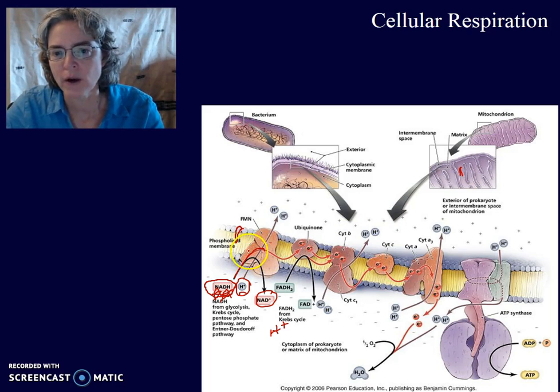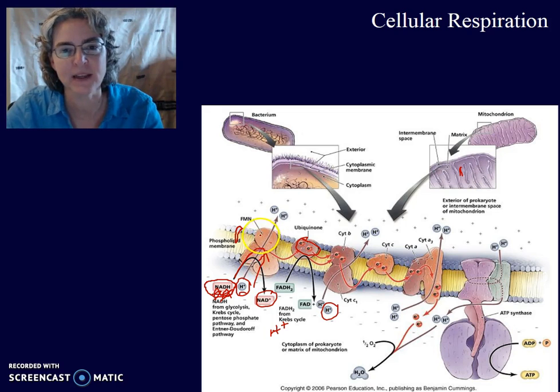Okay, so what are these, the stars of our show? What are they doing? Well, when these high energy electrons, and here they are right here, are transferred into this protein, they attract these hydrogen ions because the electrons are negatively charged. So they attract these positive ions. And so the positive ions will move in, attracted by those electrons.